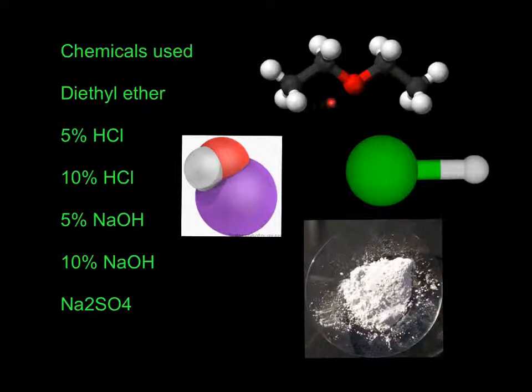Diethyl ether is really flammable, and it can cause irritation of the eye and skin. So we need to be careful when doing lab with diethyl ether, especially later when I did the evaporation. Diethyl ether should be disposed of in a non-halogenated waste container.